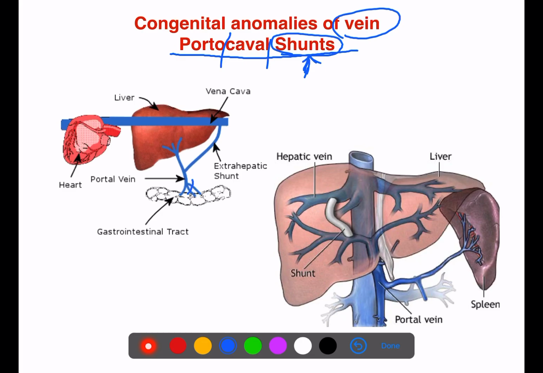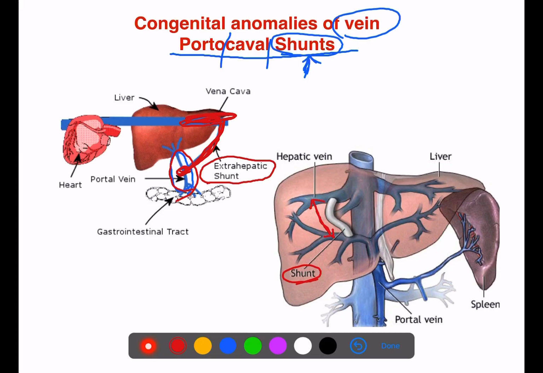The portal vein of the liver connects with the vena cava, bypassing the blood vessel. This is called extrahepatic shunt. There is also an intrahepatic shunt that occurs between vein and artery within the liver.